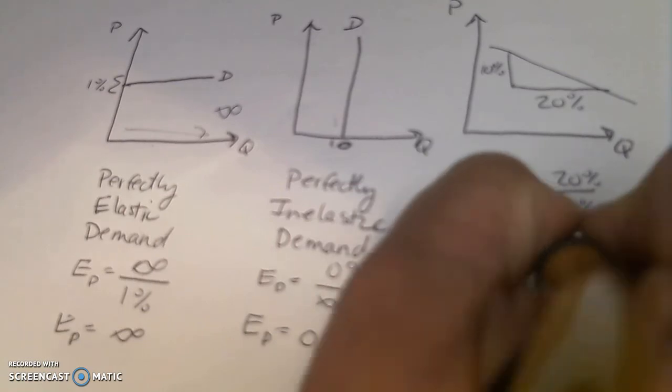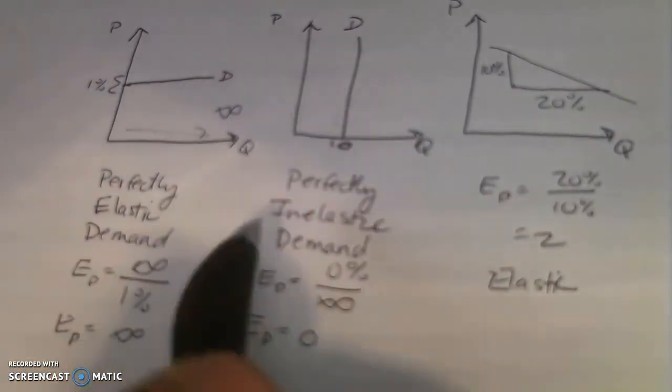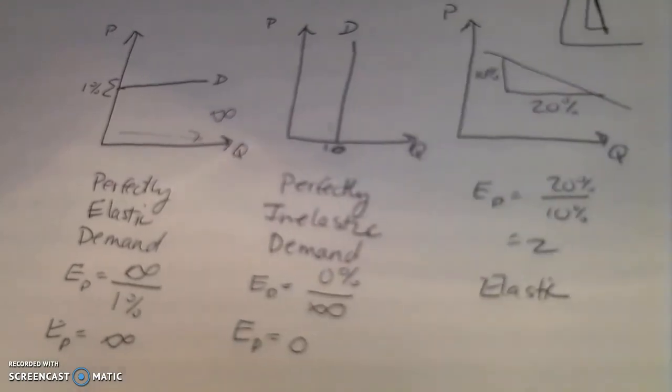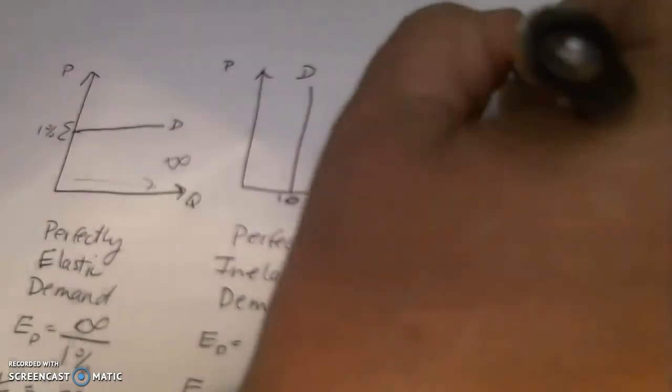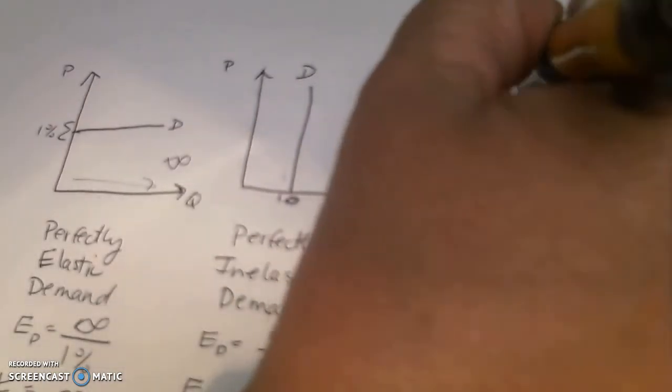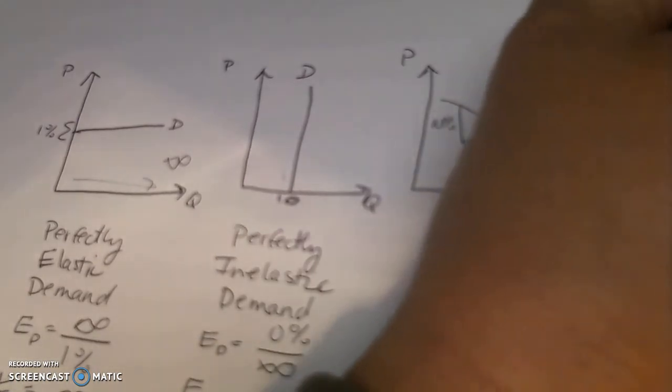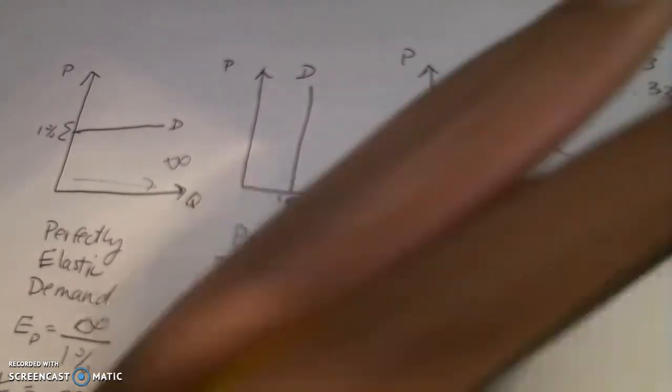So the more vertical a curve is, we could also look at a curve like this, right? The percentage change in price might be 30 to 10%, which would give us an elasticity of demand of 1/3 or 0.33, and that would be very inelastic.